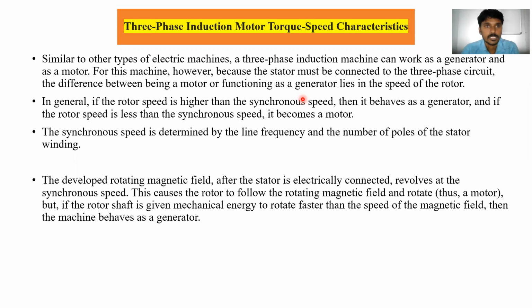Clear? For this machine, the stator must be connected to the three-phase circuit. The difference between functioning as a motor or as a generator lies in the speed of the machine. It can work as a motor or a generator, but it should be connected to the three-phase supply.